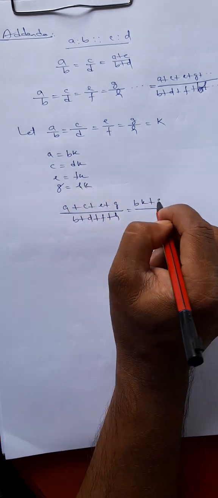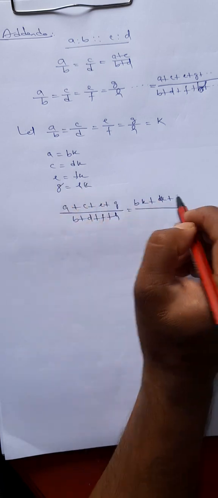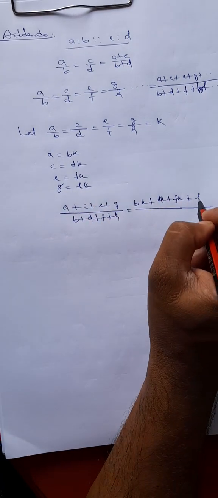C means DK, E means FK, plus G means HK.